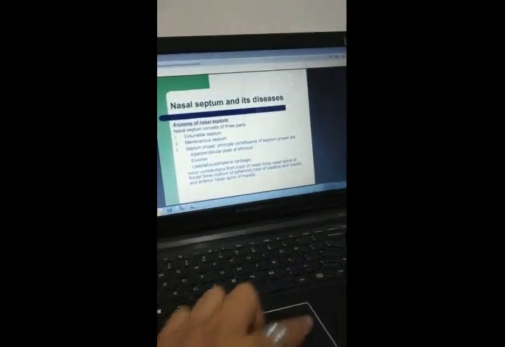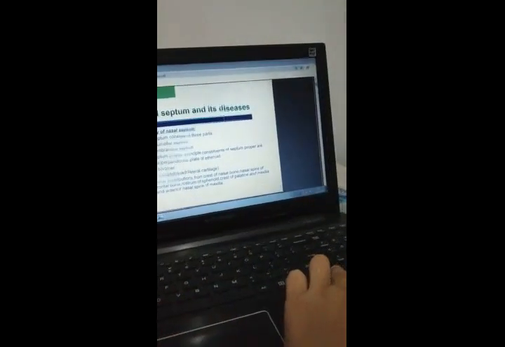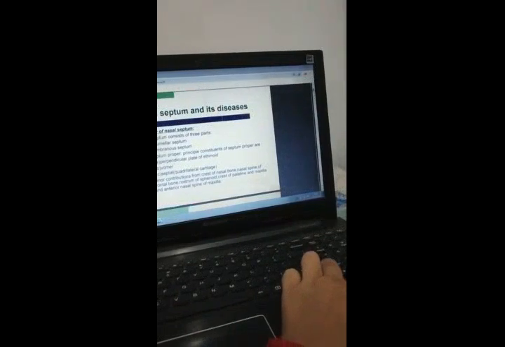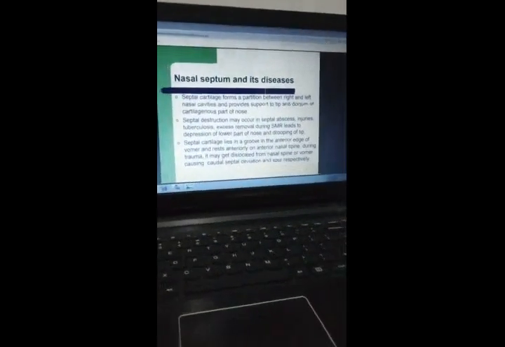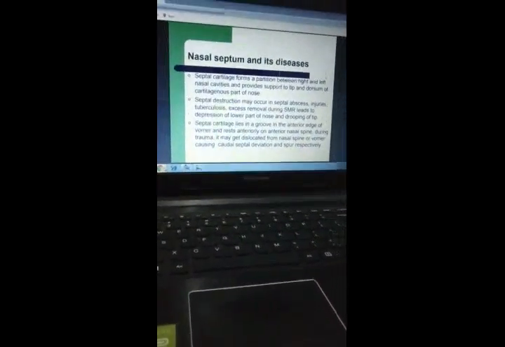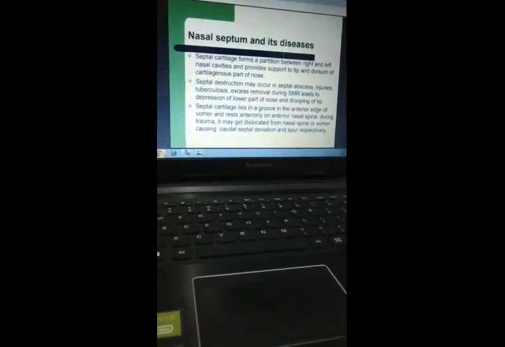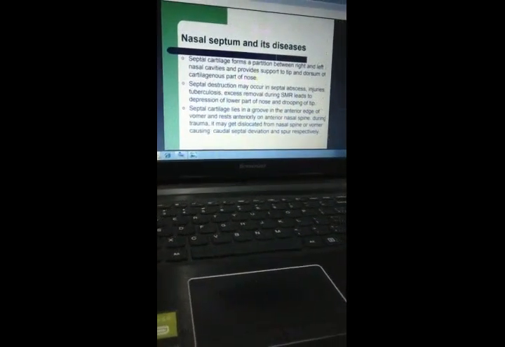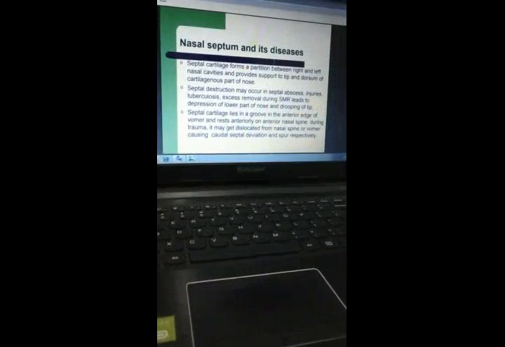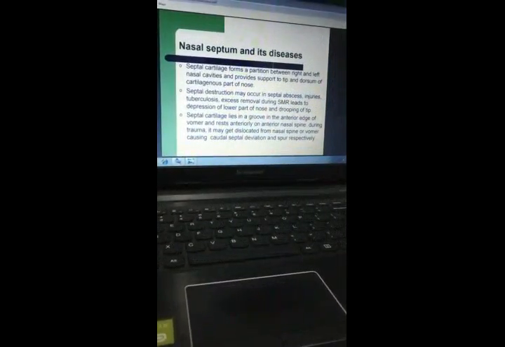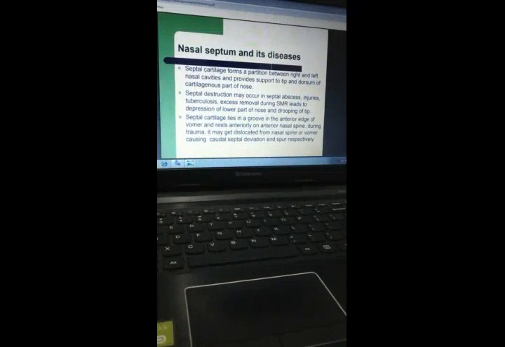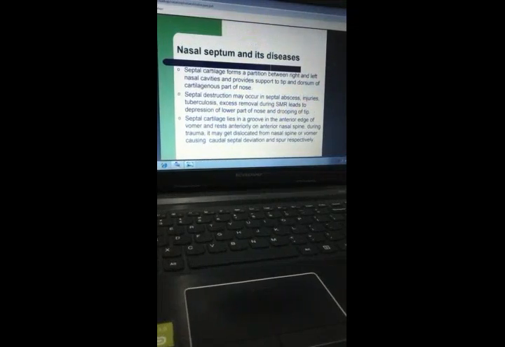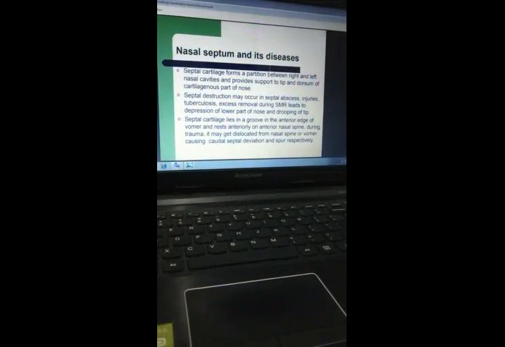Now septal cartilage not only forms a partition between the right and left nasal cavity, but also provides support to the tip and dorsum of the cartilaginous part of the nose, as I have earlier said.